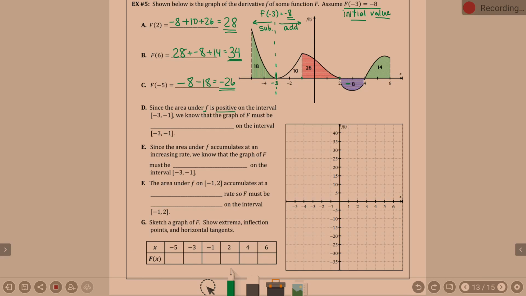Shown below is the graph of the derivative of some function. Oh, it's capital F. Since the area under f is positive, what about the graph of capital F? Think in terms of when the derivative is positive, what's the original graph doing? Increasing. Okay, that's the connection that we are looking for.